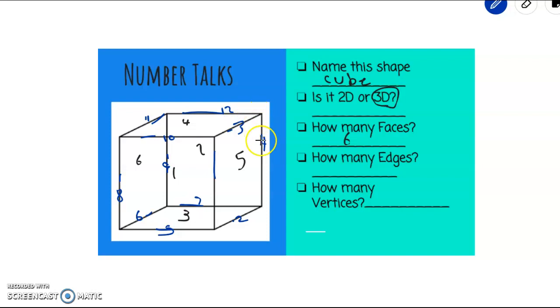So as you can see, all together we have 12 edges.